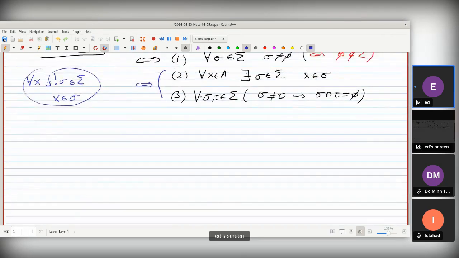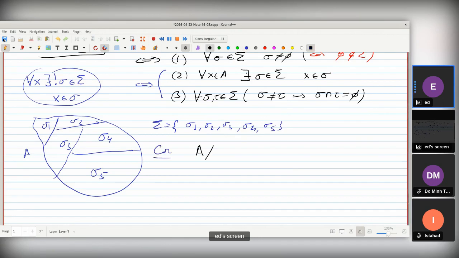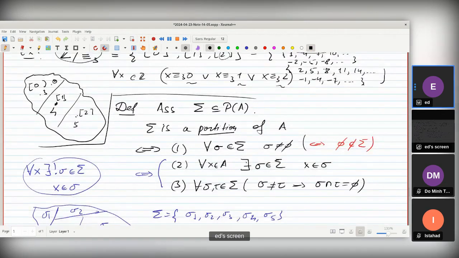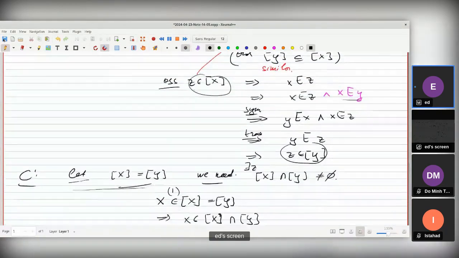So this is like splitting our set into some parts. For example, we can schematically depict it this way. Sigma 1, sigma 2, sigma 3. Notice that every element belongs to exactly one piece. And sigma is just the set of these pieces, not, generally speaking, the elements of our set, but its subsets. And we see, as a corollary, that the quotient set, the set of equivalence classes, is always a partition.